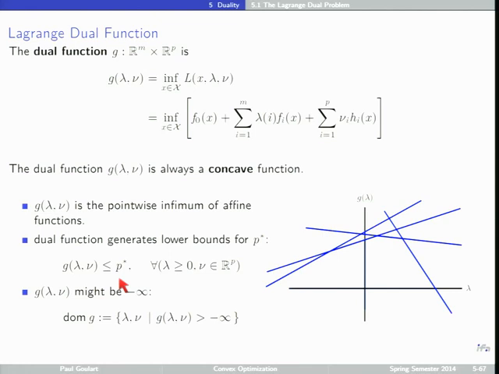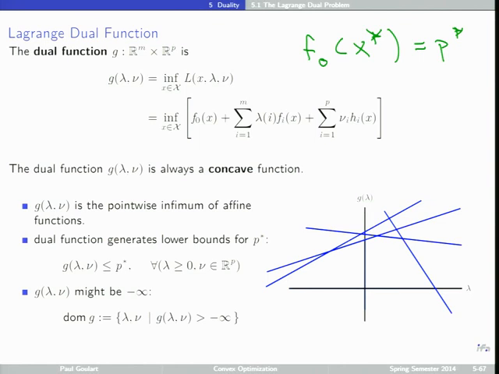So first of all, suppose that there's some x star, some optimal solution to the primal problem that gives me f0 of x star equal to p star. Suppose that's the optimal solution.